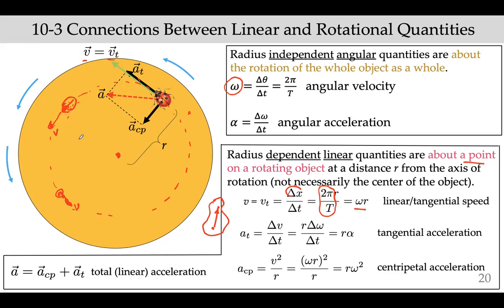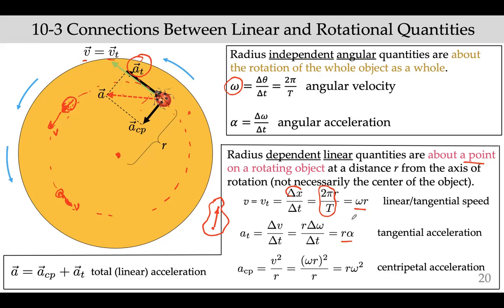Now, if you ask this ladybug, is your velocity changing? Of course, the direction is changing, but you can ask this question: is your speed changing? Okay, the linear speed. If the ladybug says yes, then that means there is tangential acceleration. So the point here is tangential acceleration can be 0, and you can actually see it from here.